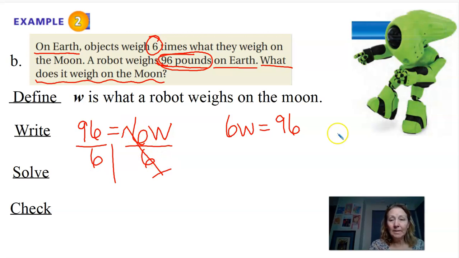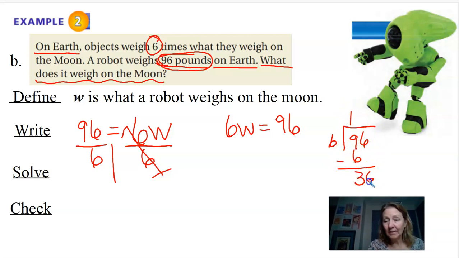And 96, let's just do this. If you don't have a calculator handy, 6 goes into 9 one time. When I subtract, I get 36. 6 goes into 36 6 times, and I have no remainder. Okay, so the answer is 16. And it's 16 what?